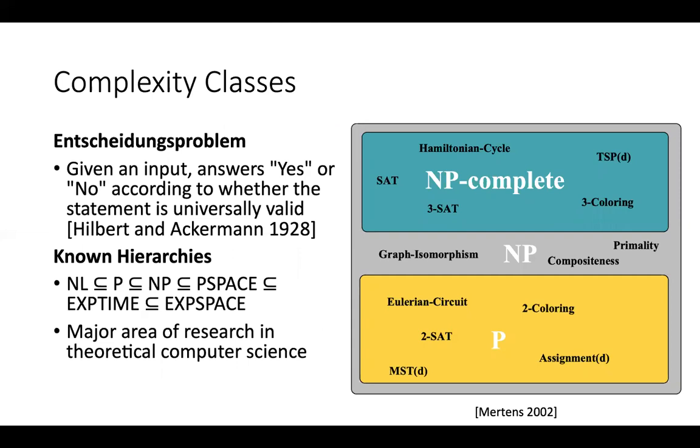So there are connections between these two. And in the interest of time, it would suffice to state, again mainly for the benefit of physicists in the audience, that it's a major area of research in theoretical computer science. And there are known hierarchies of these complexity classes that computer scientists are interested in.